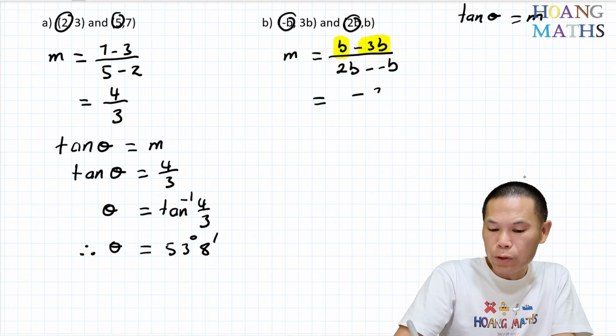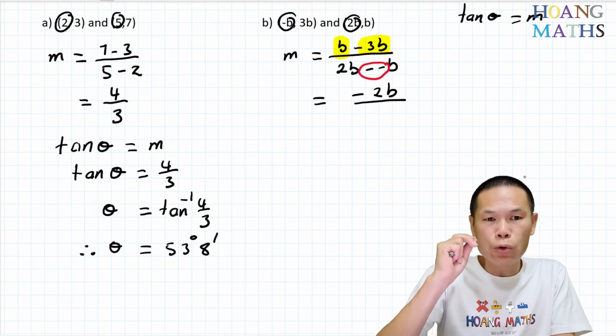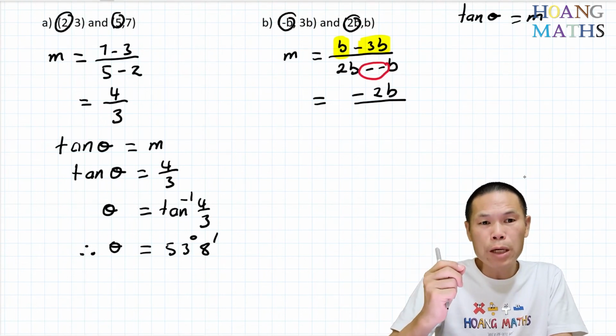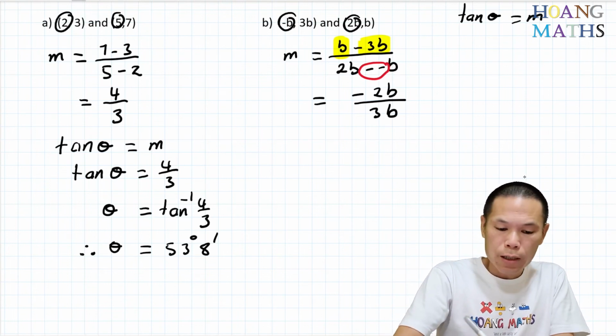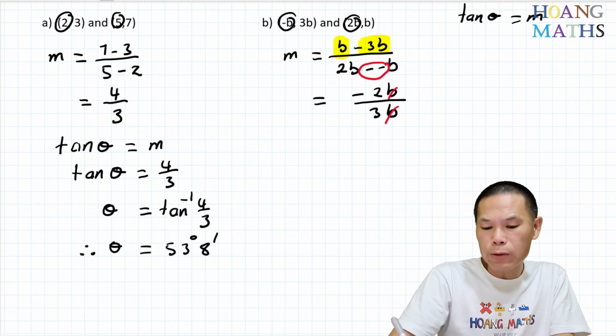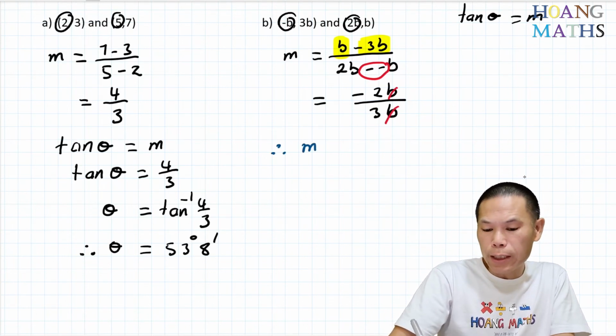Over, we have a negative and a negative that become positive, so 2b plus b gives me 3b. Of course, we can cancel this out. Therefore, the gradient is negative 2 over 3.